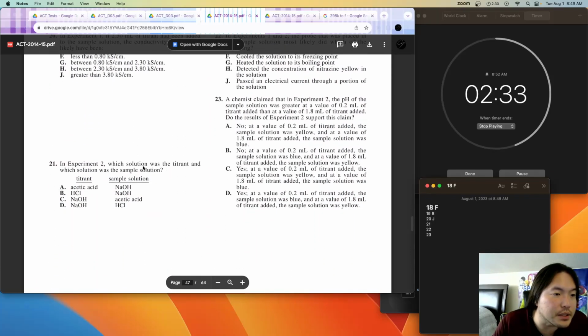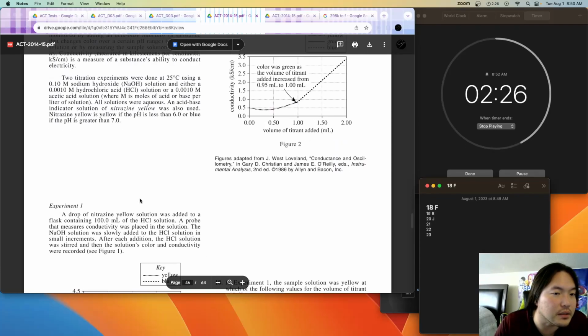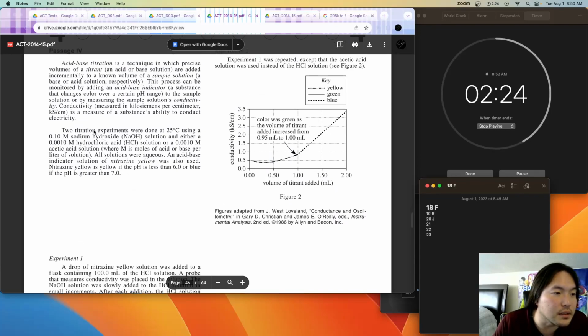21. Experiment 2. Which solution was the titrant and which solution was the sample solution? Sample solution was acetic acid. The titrant, what was the titrant? I don't even know. Do they say? Where's the titrant?